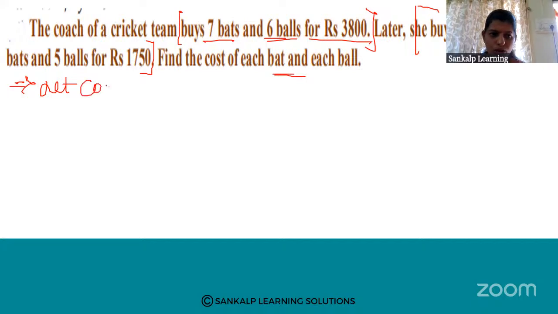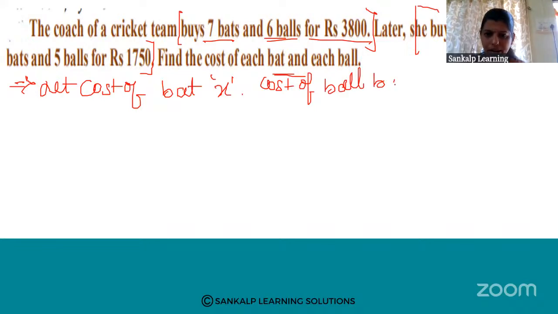So let cost of bat be x and cost of ball be y. Okay, so I will give you the equations, but you substitute and do the calculation yourself. This is for your homework, right?